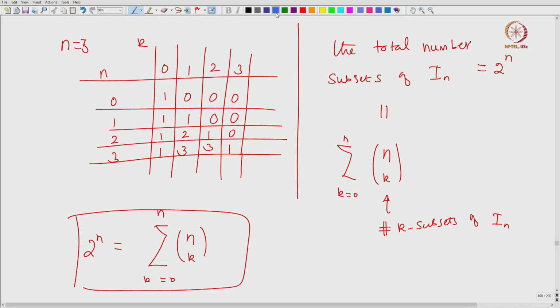For example, if we fix n equal to 3, then we have taken this row consisting of n choose k for various k, and if you sum all the entries in this row, then you are getting exactly 2 power n, which is exactly 8 here, which is 2 power 3. Okay, so this is what we are getting for the row sum, and similarly we can also do the column sum of index k down to row n, and then we will see what we get.